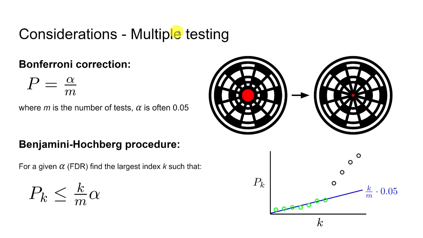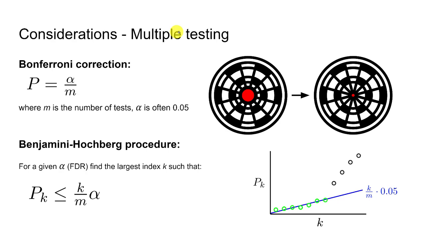K here is the index of each p-value. So once you've ordered them, it's just 1, 2, 3, 4, 5, etc. That's your K. M is the total number of tests that you've done. And then alpha sets the slope of this line. All this is doing is saying, once you draw that line, what is the largest p-value which is still below or on this line?